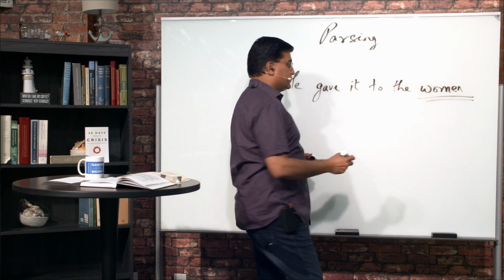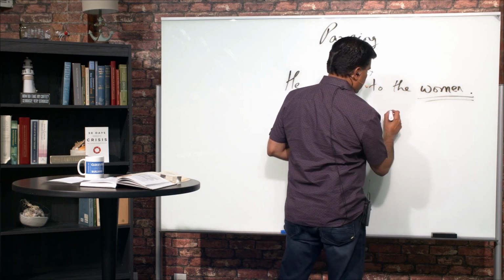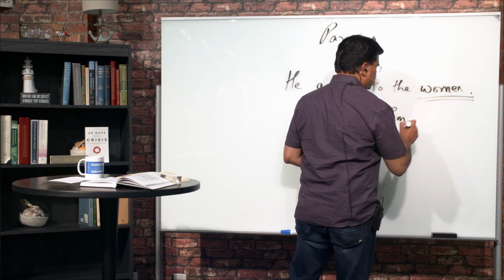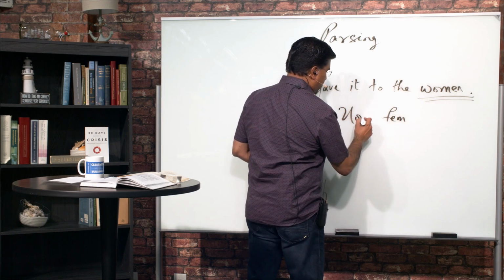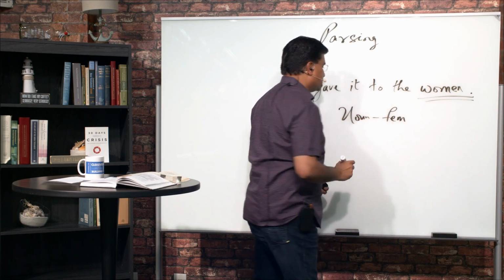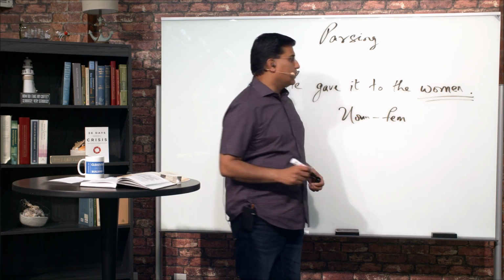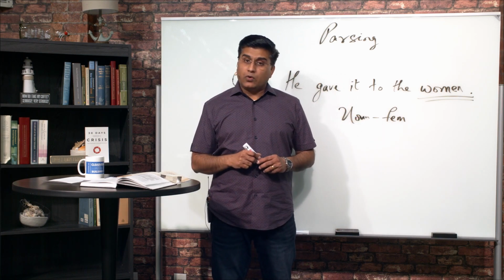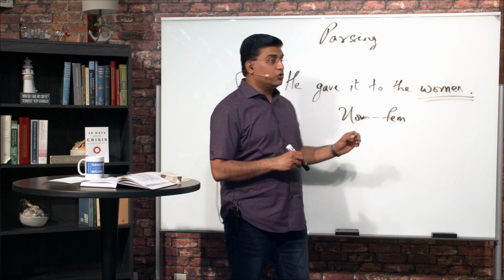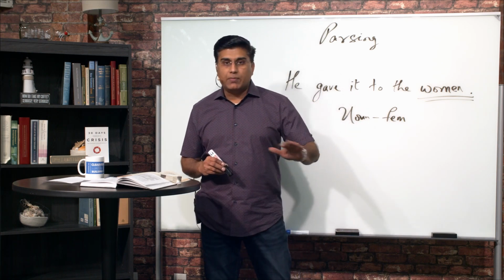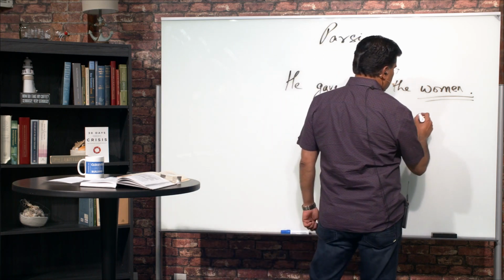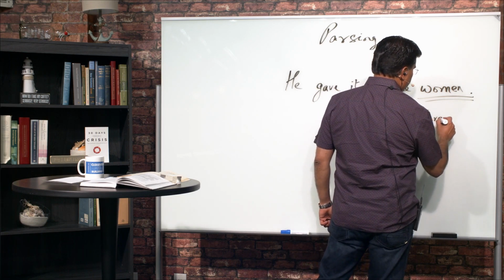First thing we know is that it's feminine. That noun is feminine. It's a noun, of course. What else do we know about that word? It's plural. It's not that he gave it to the woman, he gave it to the women. So it's feminine, plural.